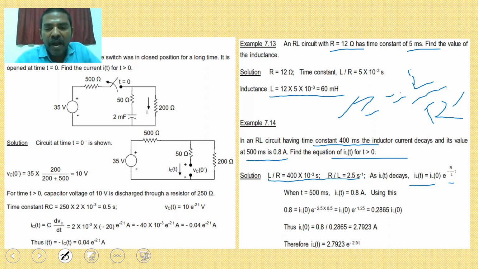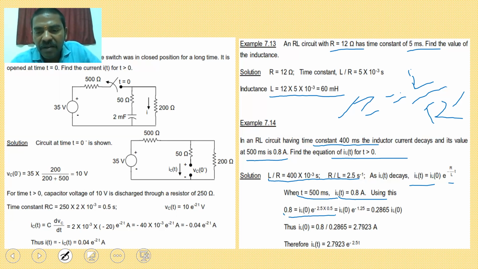At 500 milliseconds, the inductor current is 0.8 amperes. So substituting, 0.8 is equal to IL of 0 e power minus 2.5 into 500 into 10 power minus 3. So that is 0.5.